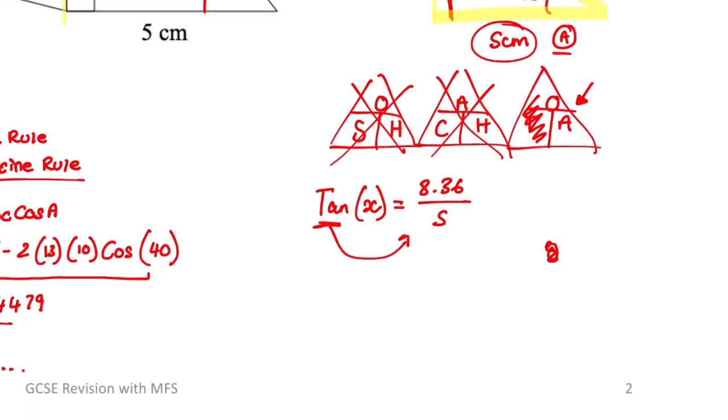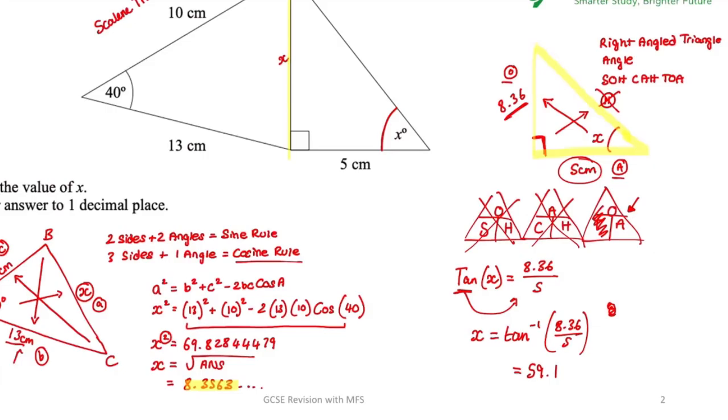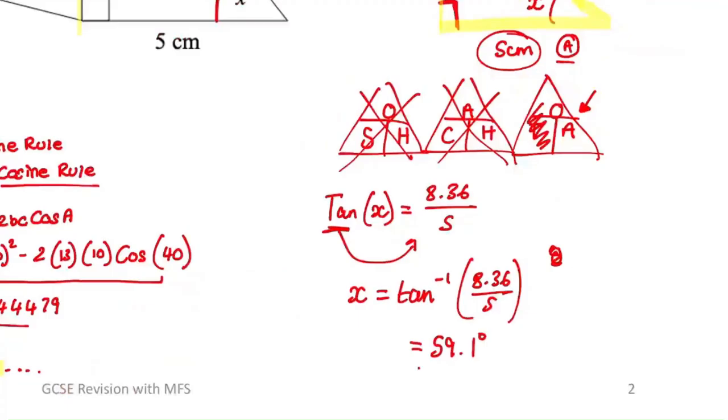So we're going to inverse tan the other side. So we're going to have x equals inverse tan of 8.36 over 5. And that gives us an answer of 59.1 to 1 decimal place, which is our final answer.